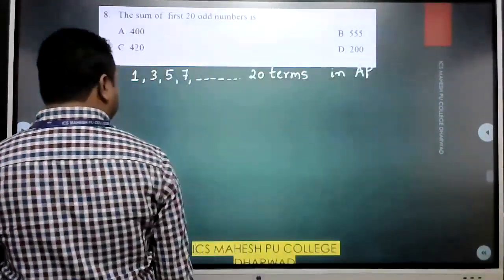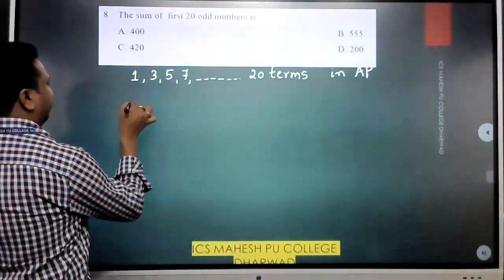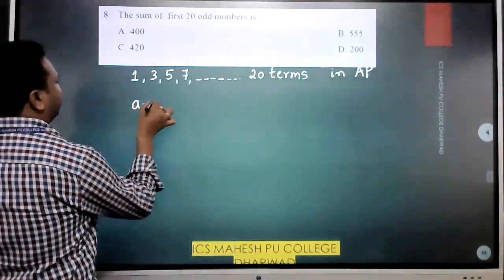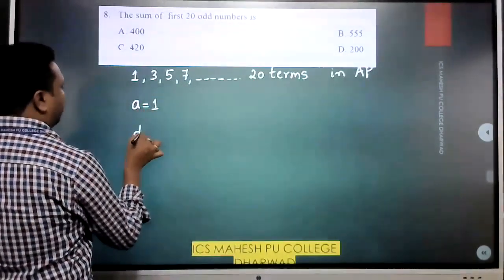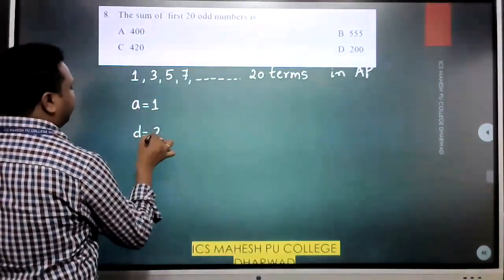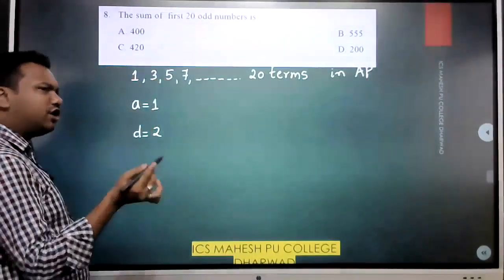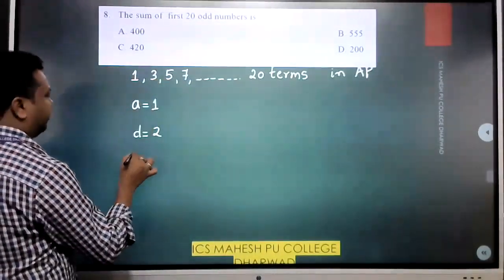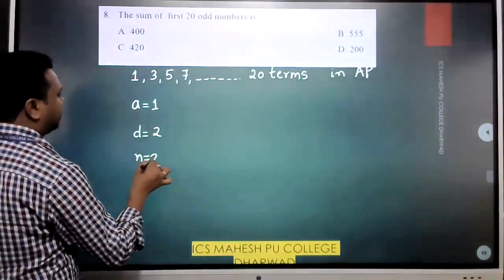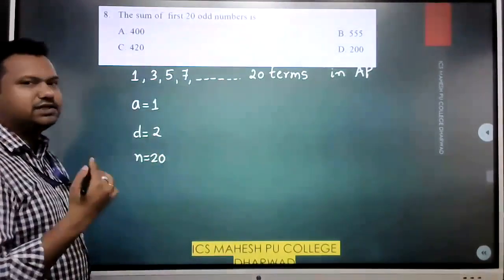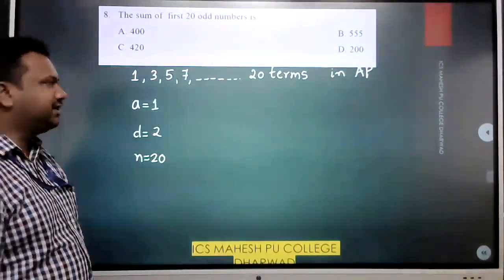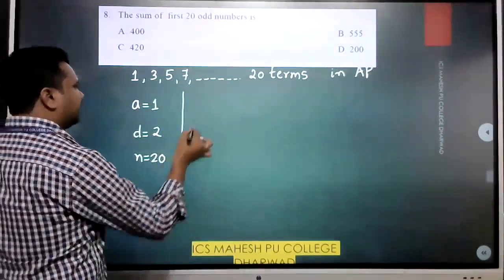Right. So as the series is in AP, let me take the first term a is equal to 1. Common difference you can take 3 minus 1 or 5 minus 3 or 7 minus 5, which is 2. And how many terms are there? 20 terms are there. Now let us recall the identity. What is the identity, dear students?